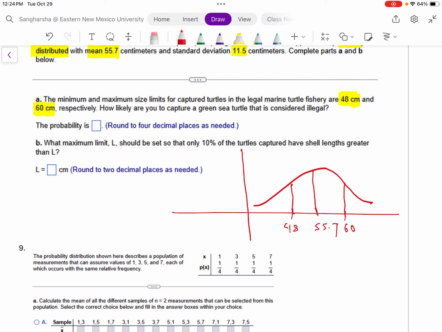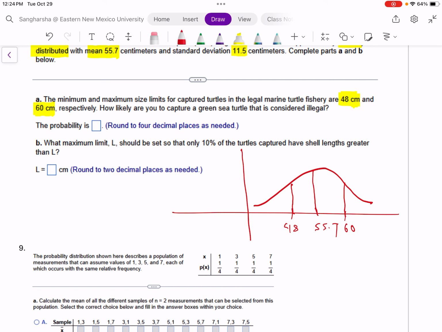Minimum means, are we allowed to capture 48 centimeters or less than 48 centimeters? And the maximum size limit. Are we allowed to capture the size in between 48 and 60?